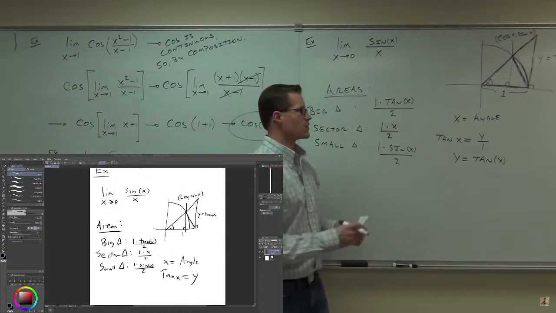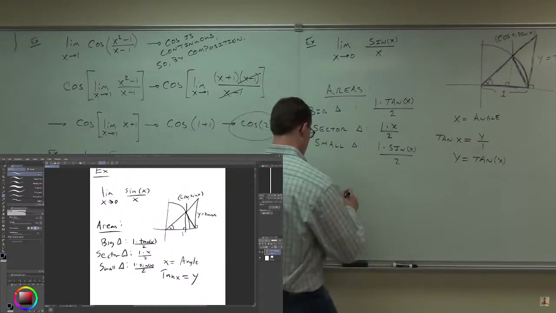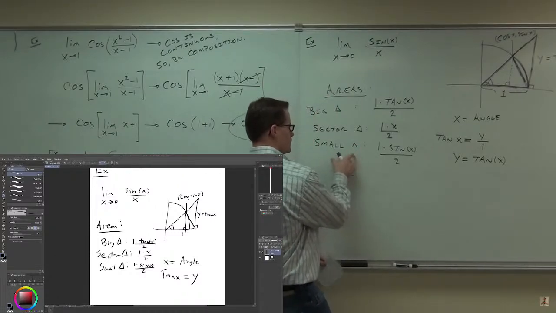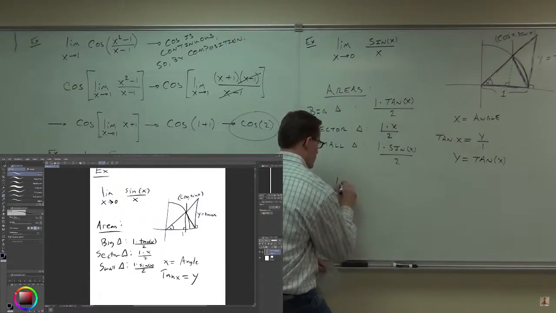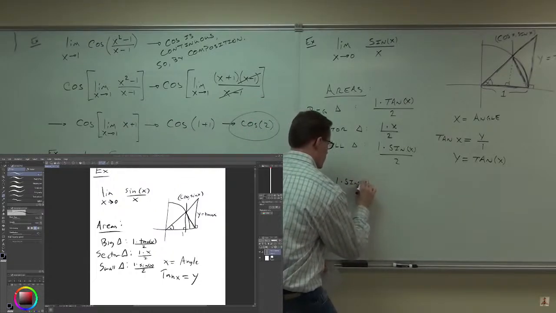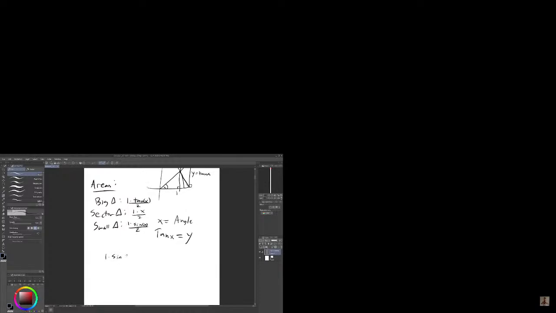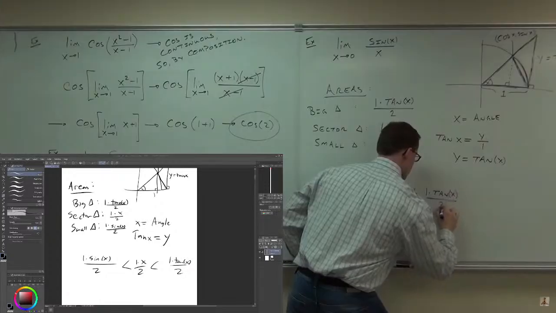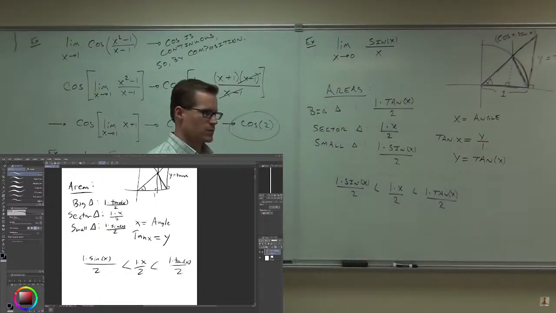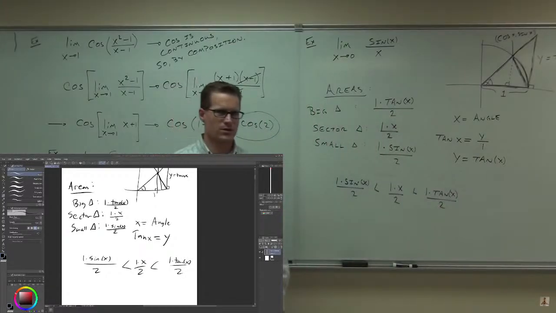So what we're saying is that the area of the small triangle, sine x over 2, is less than the area of the sector, x over 2, which is less than the area of the big triangle, tan x over 2. Agreed or not?